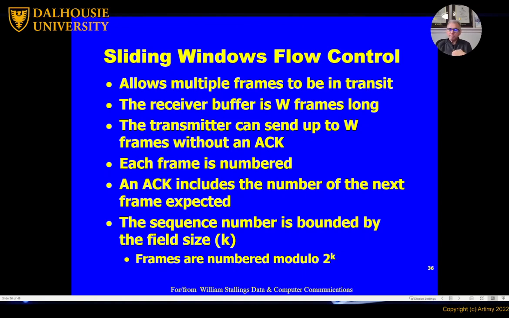But once these frames are sent, the transmitter has to wait for an acknowledgement before it sends another frame.